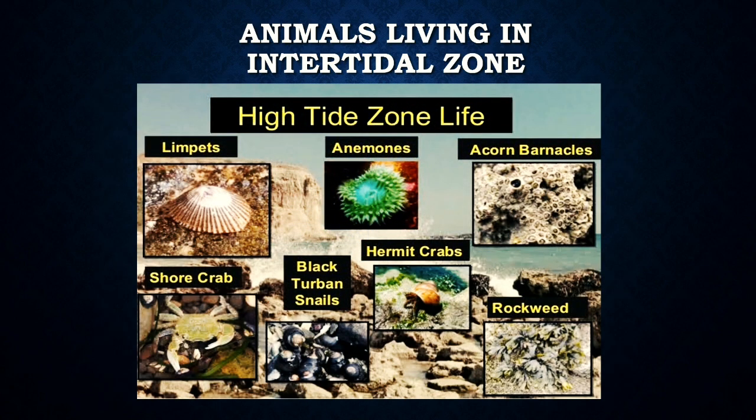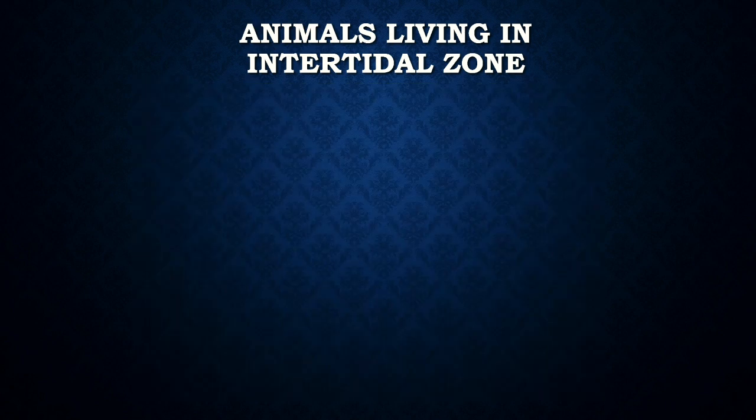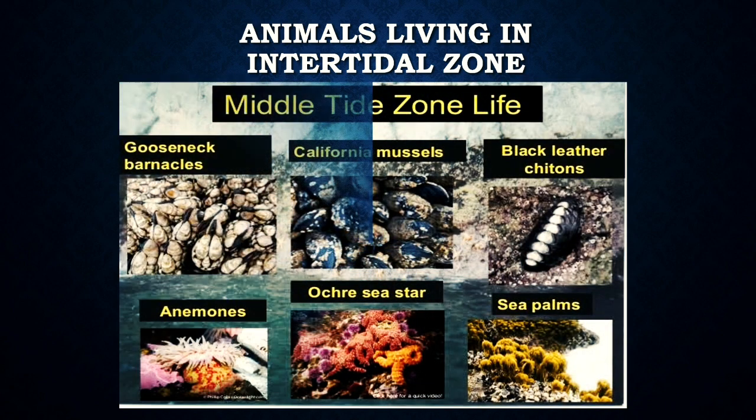In the high tide zone live the limpets, the anemones, the acorn barnacles, shore crab, black turban snails, hermit crabs, and rockweed. Animals that are found in the middle tide zone are the gooseneck barnacles, the California mussels, black leather chitons, anemones, ochre sea star, and the sea palms.